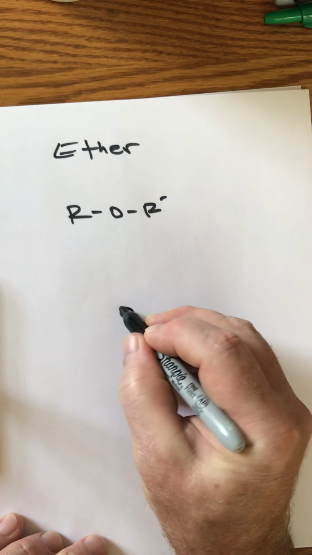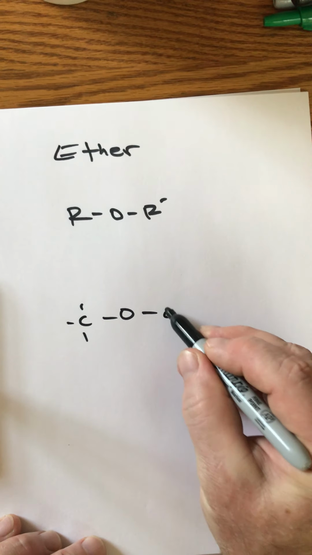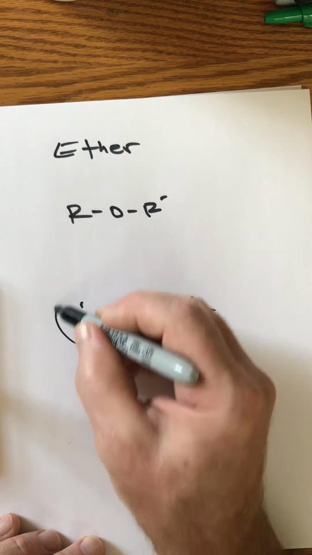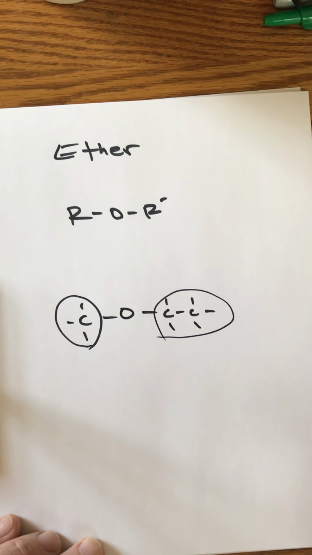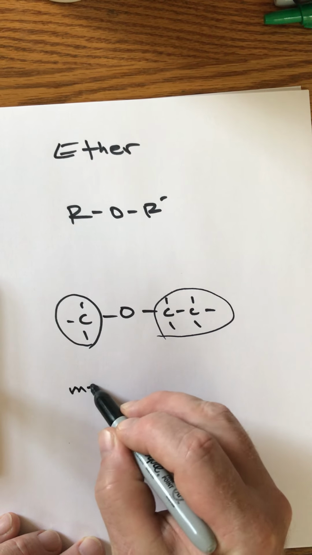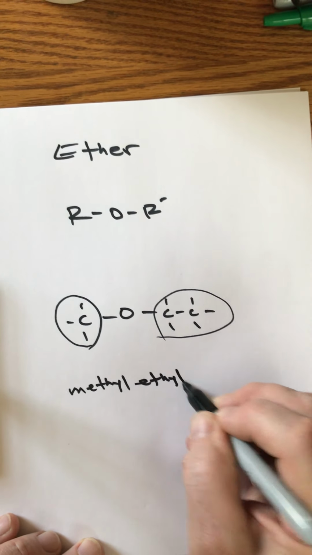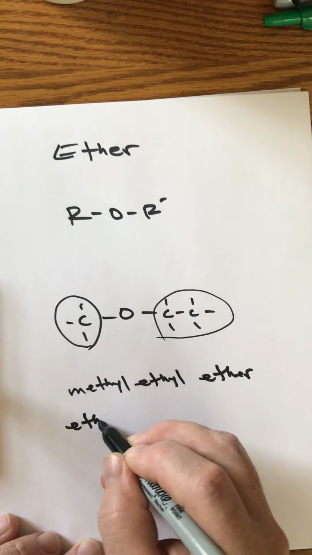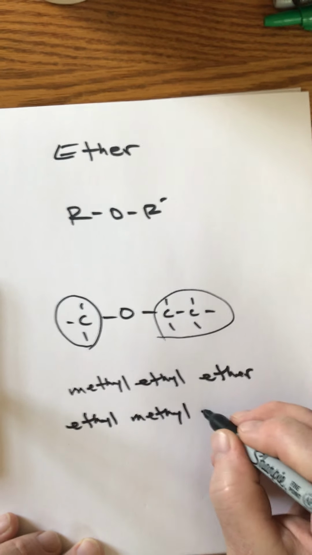So as an example, here's oxygen straddling a methyl group over here and an ethyl group over there. That's methyl. That's her sister ethyl. Now, I don't care if you call this methyl ethyl ether, or if you call it ethyl methyl ether.